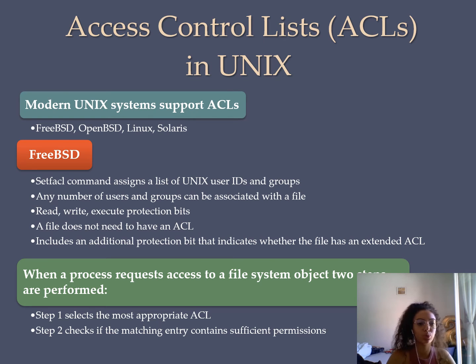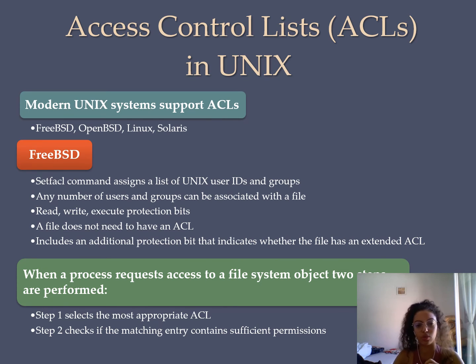The feature is referred to as extended access control list, while the traditional Unix approach is referred to as minimal access control list. FreeBSD allows the administrator to assign a list of Unix user IDs and groups to a file by using the setfacl command.